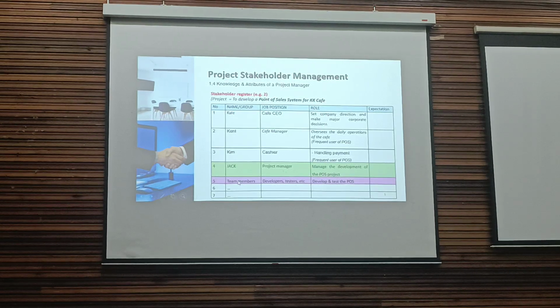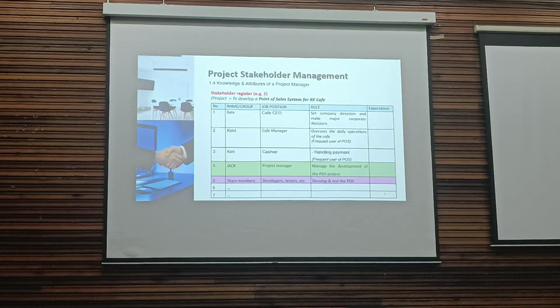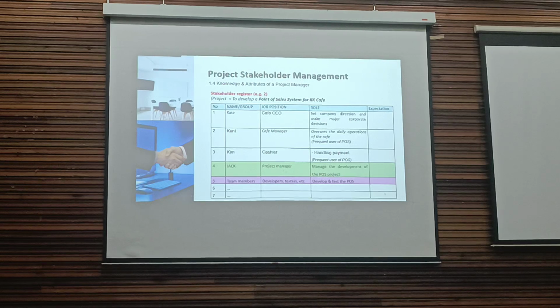Jack has a team of people who develop the system. Jack manages the development of the point of sale system. Jack, expectation. Same as what I just mentioned. Team members, expectation. Same as what I said just now.